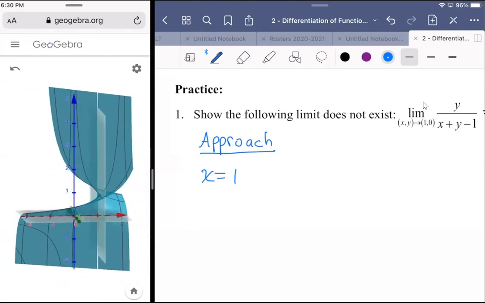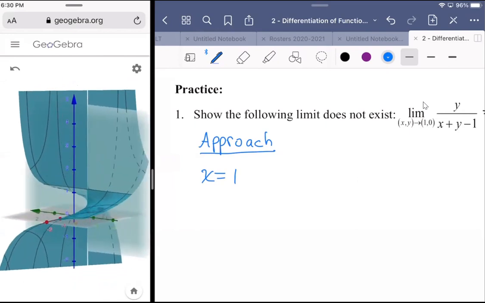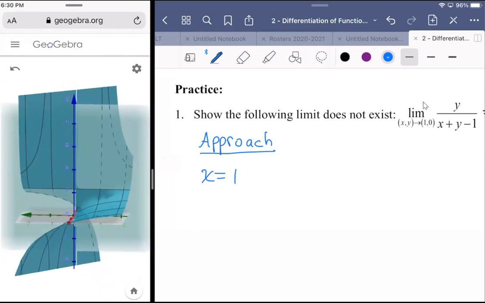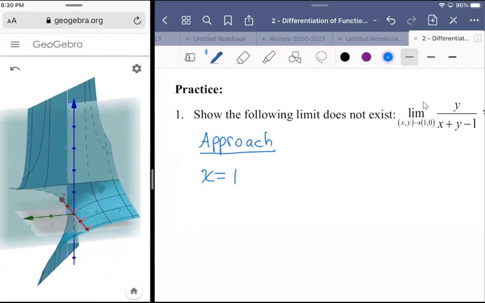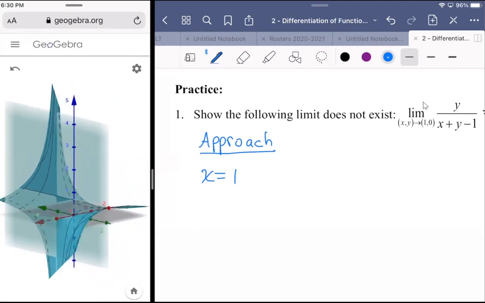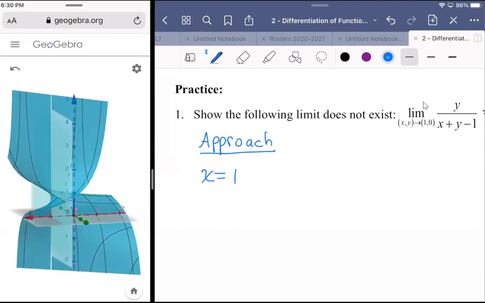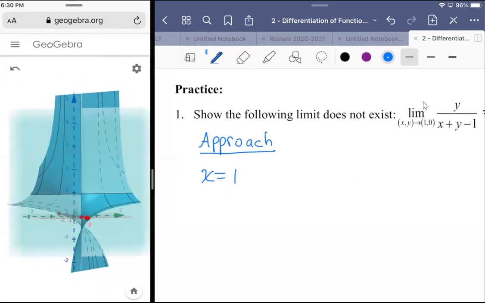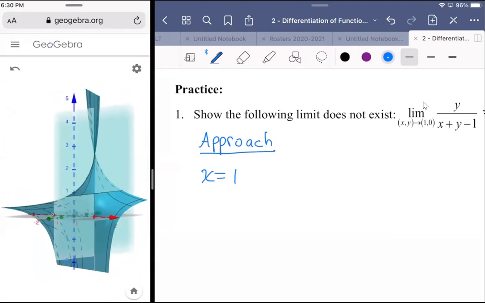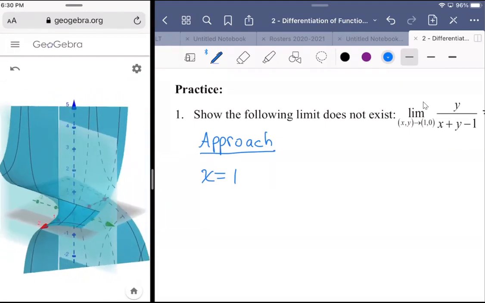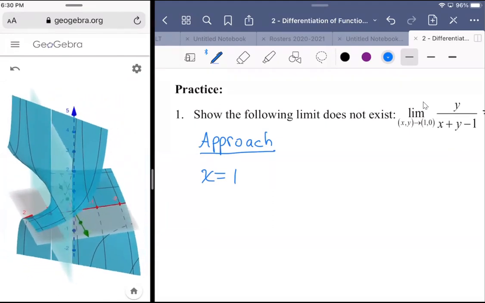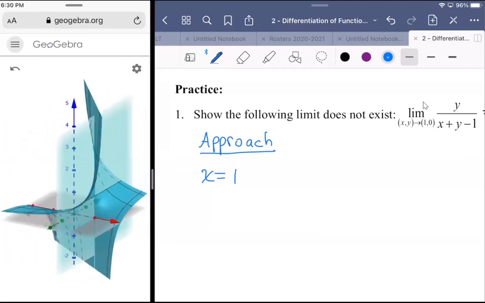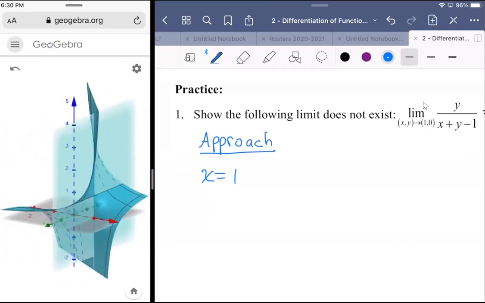All right, and so what I can do, let me see here. I just want to get the orientation right. That's negative.